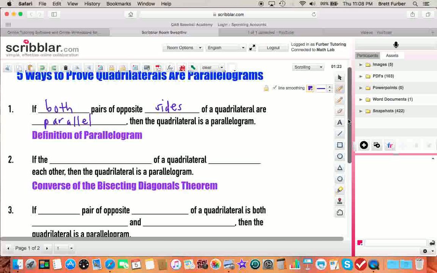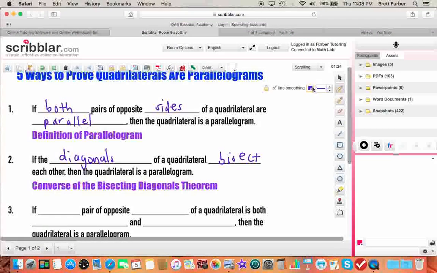So rather than saying if a quadrilateral is a parallelogram, then its diagonals must bisect each other, we're now going to reverse that. We're going to say if we have a shape and it's a quadrilateral, a 4-sided figure, and its diagonals bisect each other, then it has to be a parallelogram.